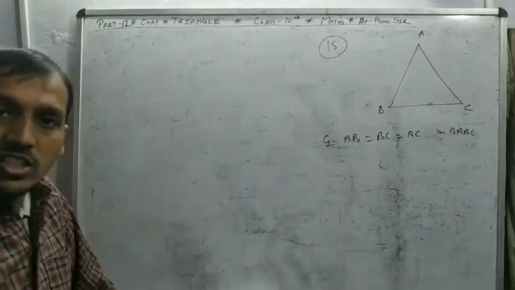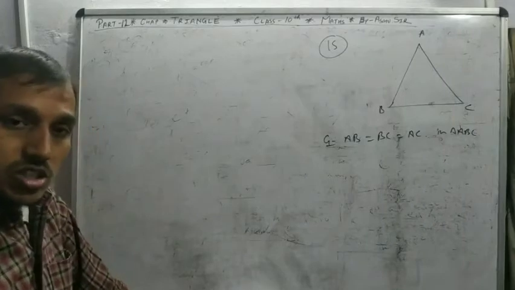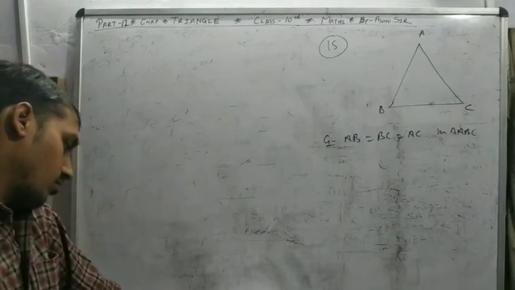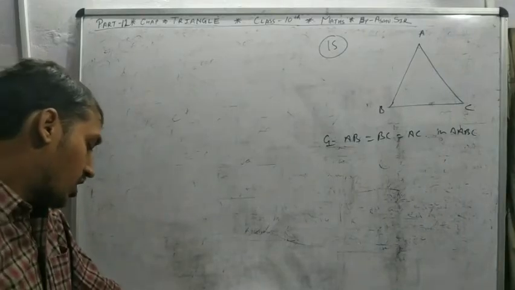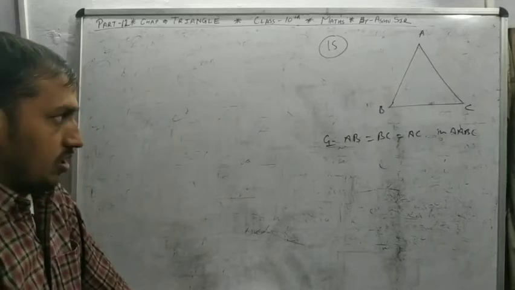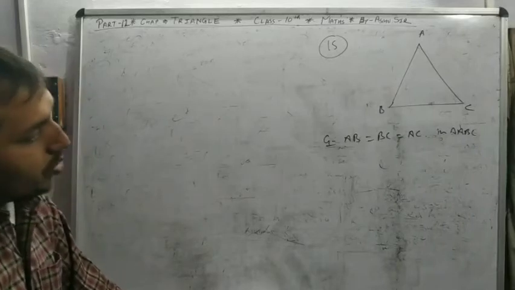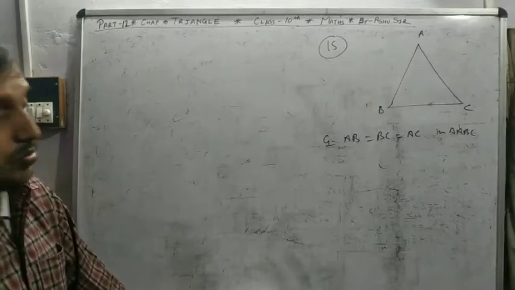What is given is that it is an equilateral triangle, all sides are equal, such that DC is equal to 1/4 of BC. Where DC is a point which is 1/4 of BC.